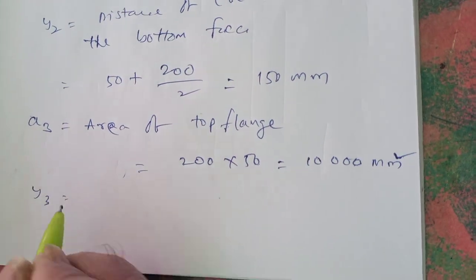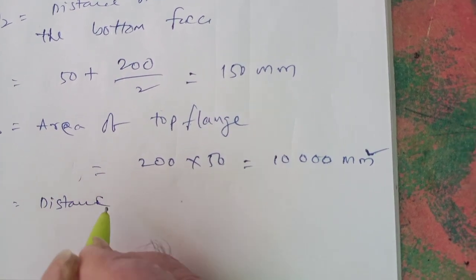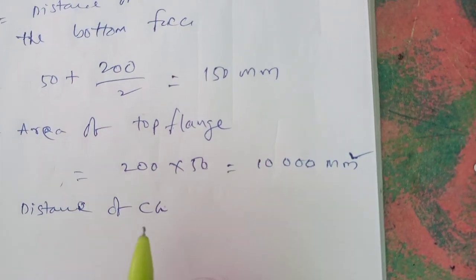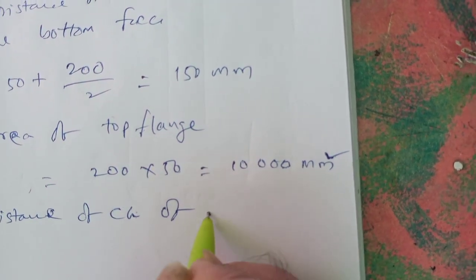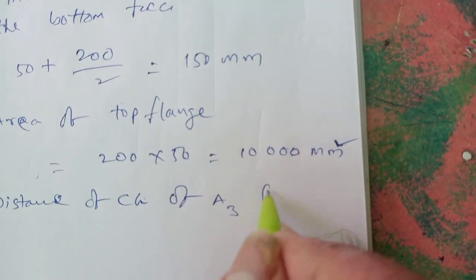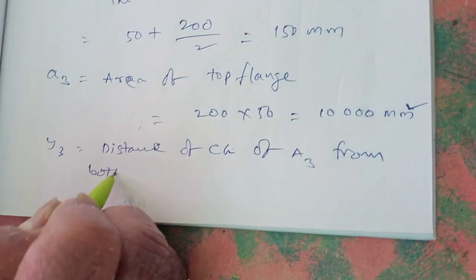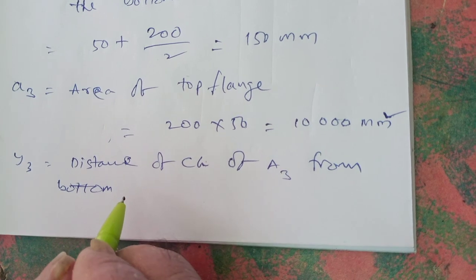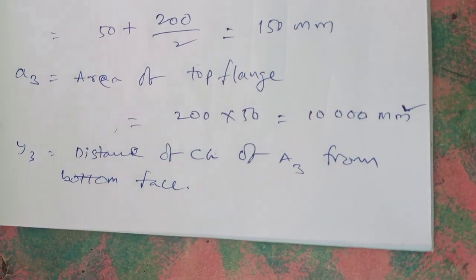And y3 is the distance of CG of A3 from the bottom face.